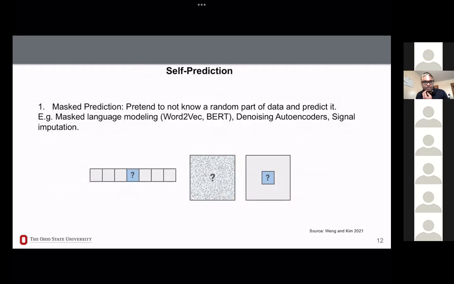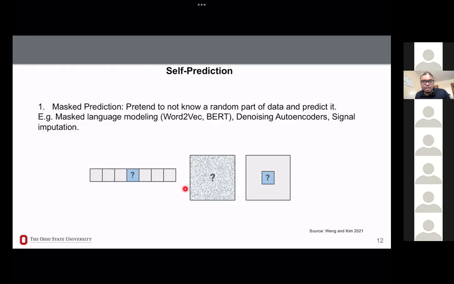A lot of people would be familiar with the denoising autoencoder, where you take an image and add random Gaussian noise to it, which is basically masking some pixels, and you try to predict the uncorrupted image. That's again a self-prediction, using the same image to create the input and using the same image as the output.